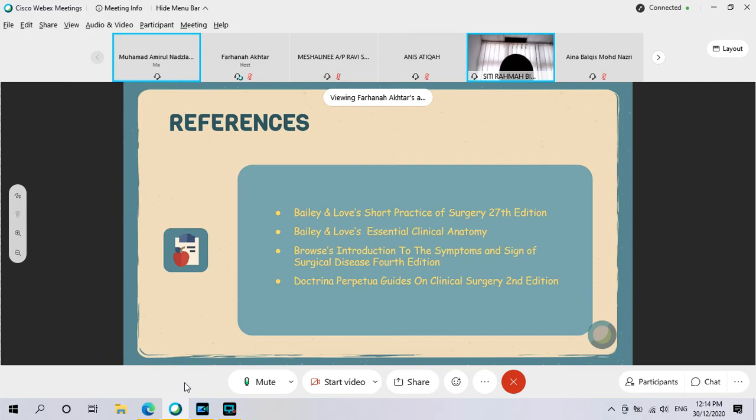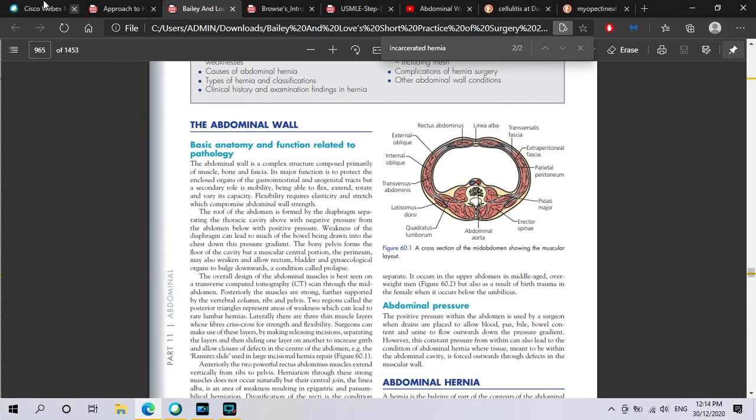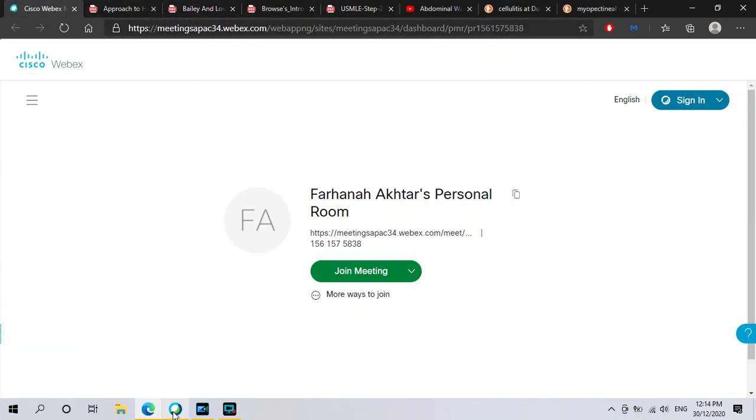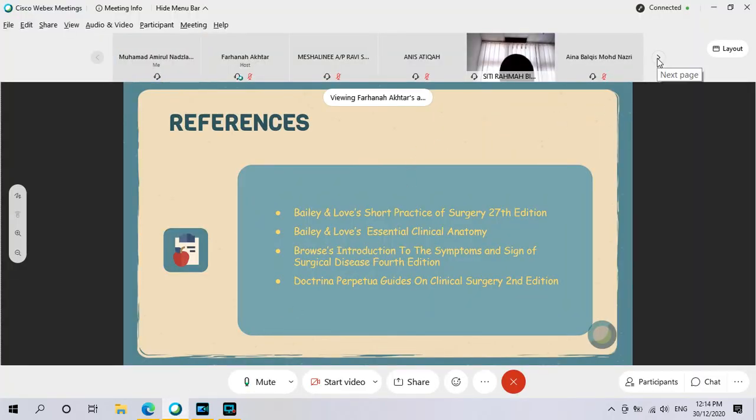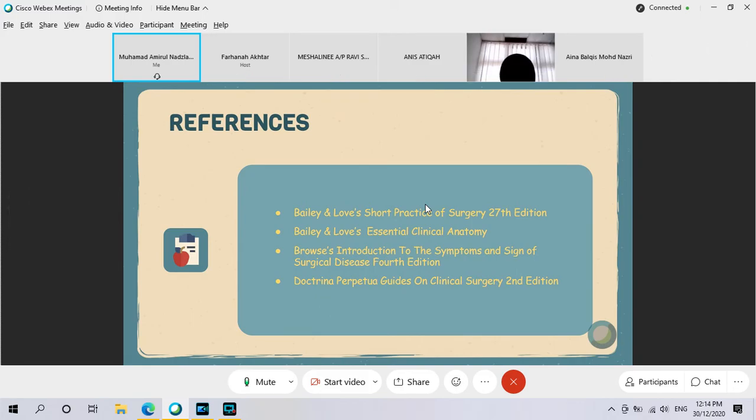Attendance semua datang? Ha? Saya tanya dah semua ada ke? Semua ada, doktor.